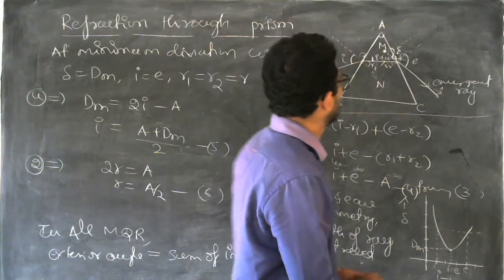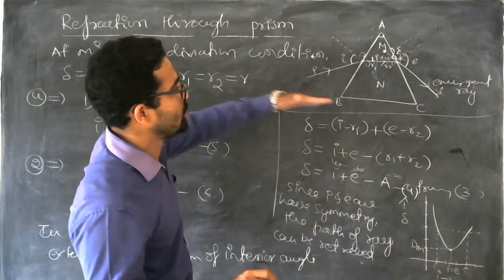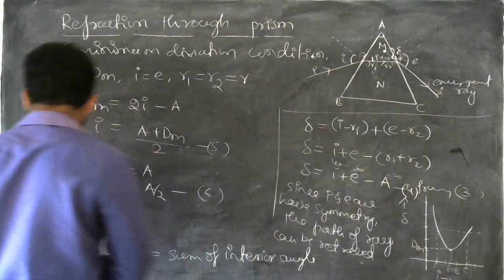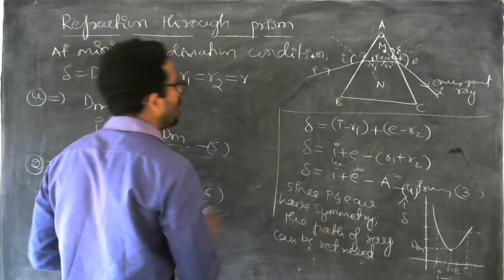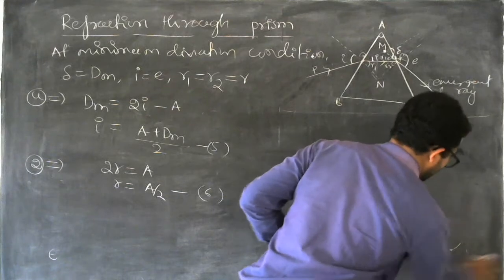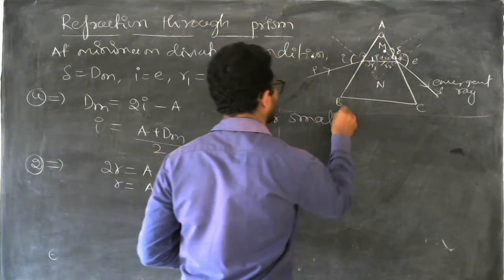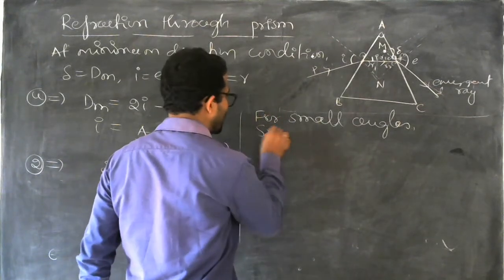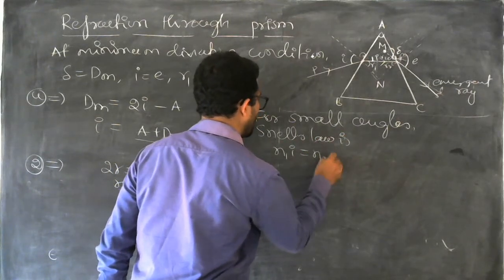So if we set the rays incident at small angles, when the rays incident on the surface of this prism make very small angles, for small angles let us apply Snell's law. n1 sin i is equal to n2 sin r.